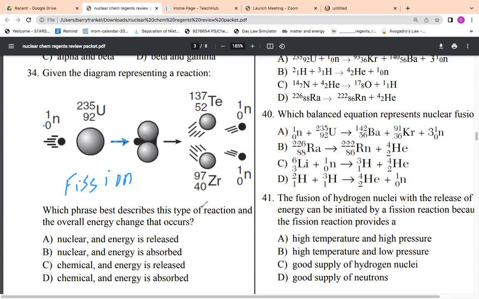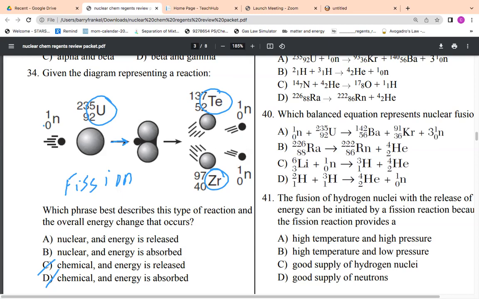So which phrase best describes this type of reaction and the overall energy that occurs? What we want to do here is look for one, we start off with uranium and we end up with 2 different elements. So we know that this is a nuclear change, so we can get rid of C and D. This is not a chemical change. We are not just rearranging atoms. We are completely changing the identities.